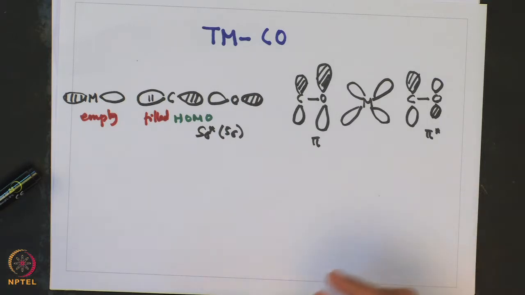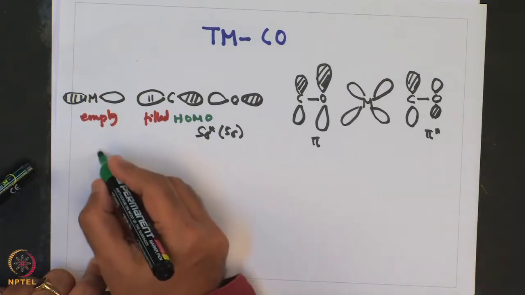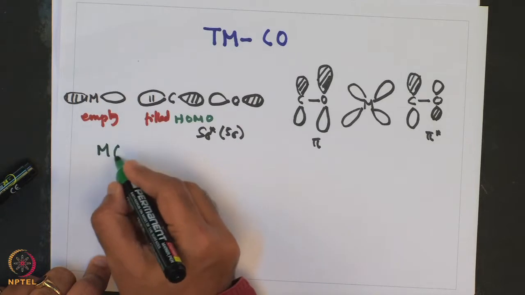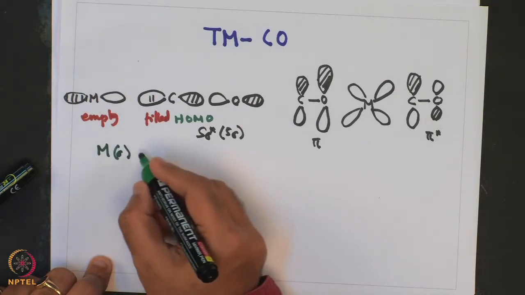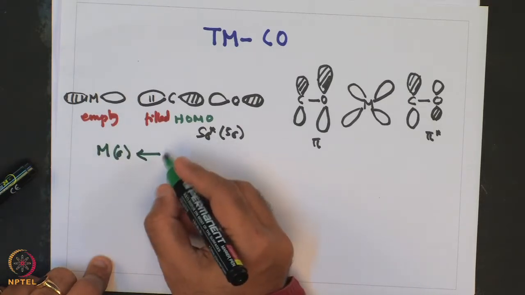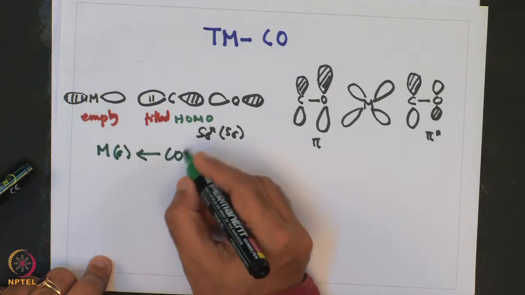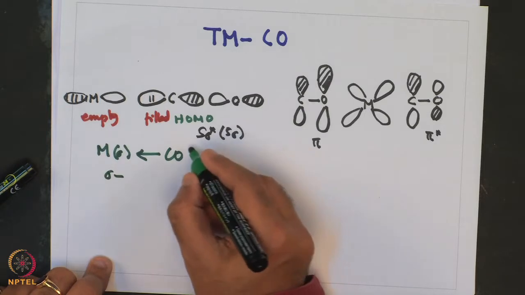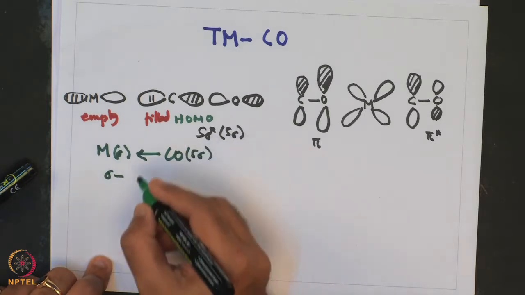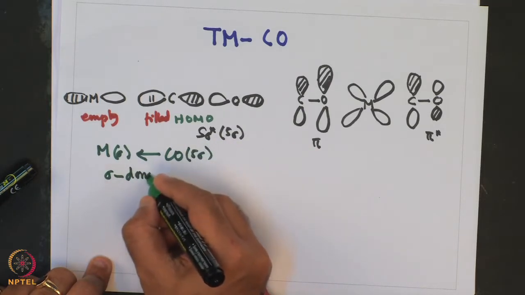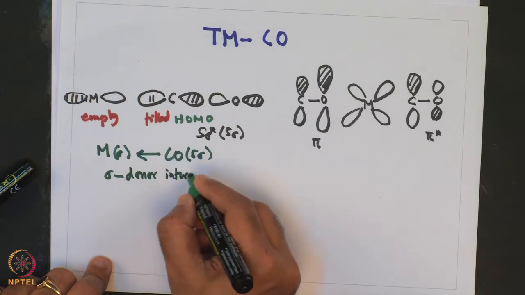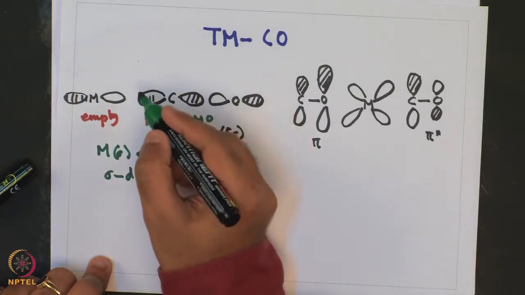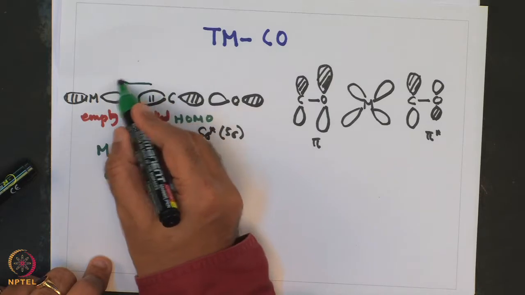and this is often referred to as CO to metal sigma donation, or this is called sigma donor interaction, where the interaction is happening over here.